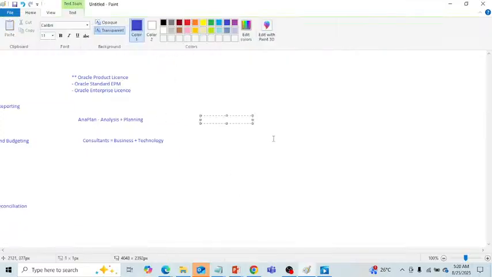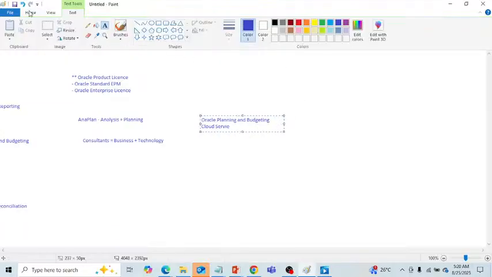Here we can write Oracle planning and budgeting, Oracle planning and budgeting cloud service. You can see that it is totally divided into two forms.